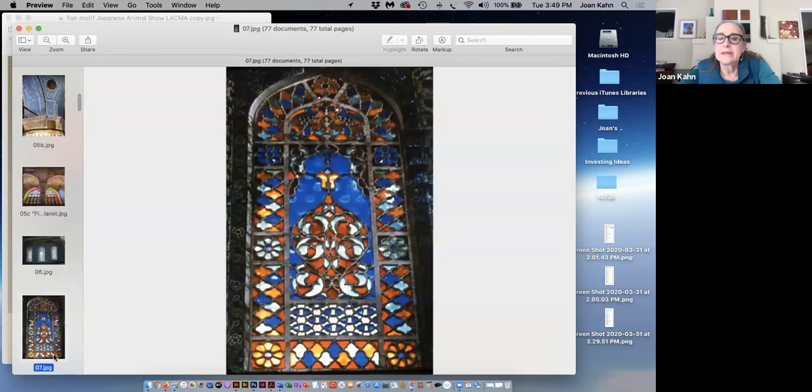In Europe, a stained glass window, tons and tons of different motifs, some more geometric, some more organic, representing the Holy Ghost and the Ascension.